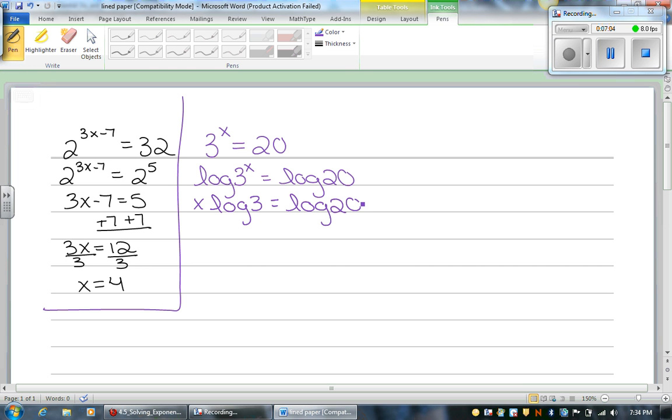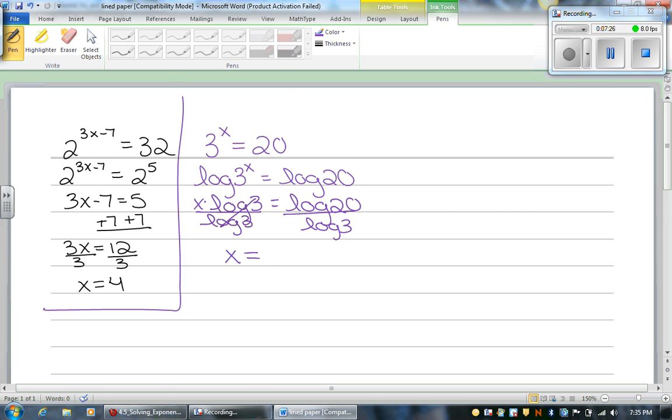And keeping in mind our goal of solving for x, there's just one more step I need to take here. I can very simply get rid of this log of 3 by dividing it to the other side. To get this value, all I need to do is put it right into my calculator.